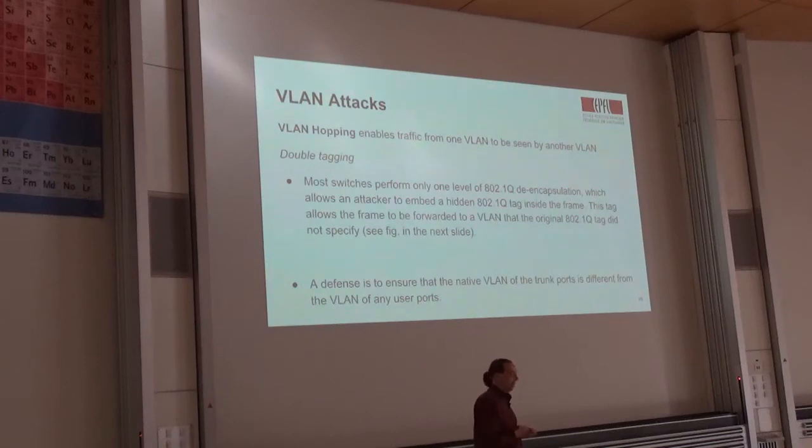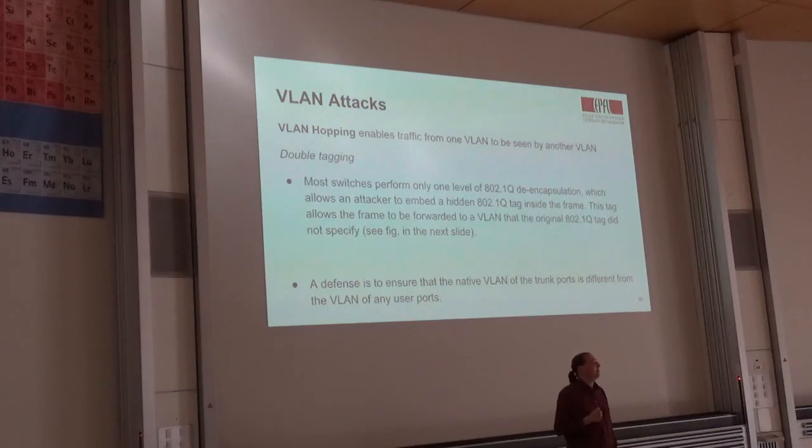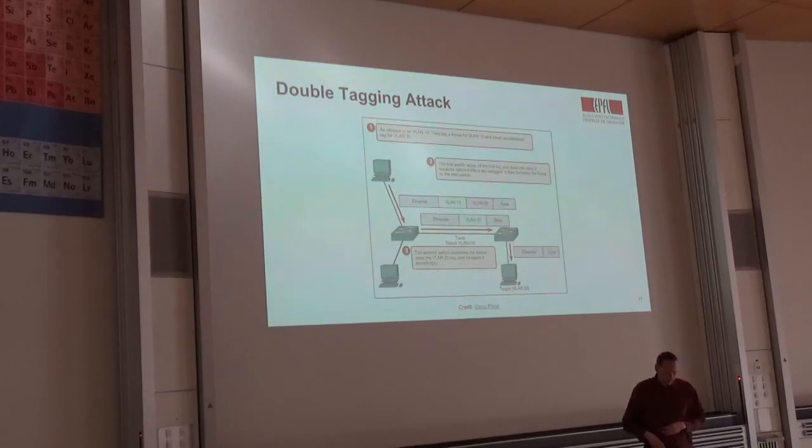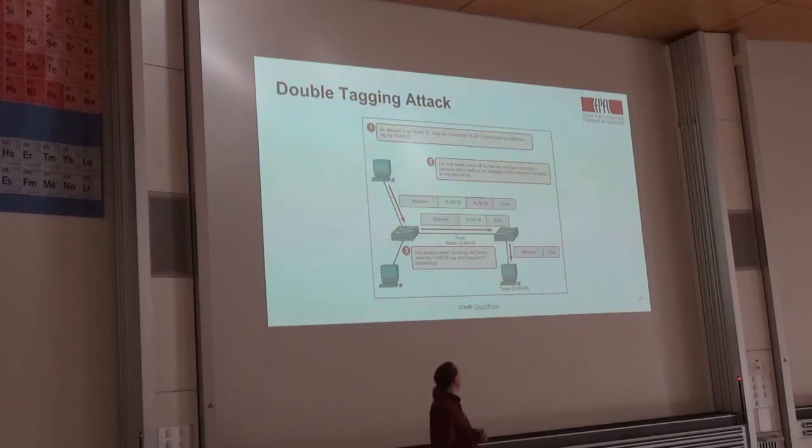Packets are never really supposed to have two tags, but some enterprising attacker realized that in certain situations it's possible to get packets with two tags through switches. So what can happen is the compromised attacker is on VLAN 10, but wants to send an attack packet to a target on VLAN 20 in the lower right.